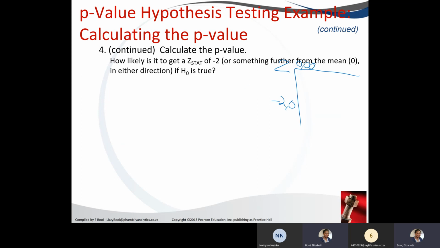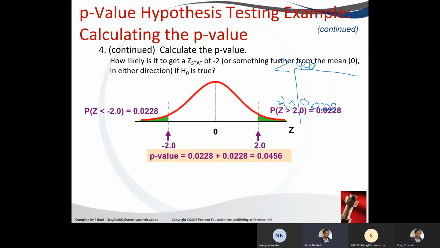You will see the answer is 0.0228. Then we multiply 0.0228 by 2, and the answer we get is 0.0456.